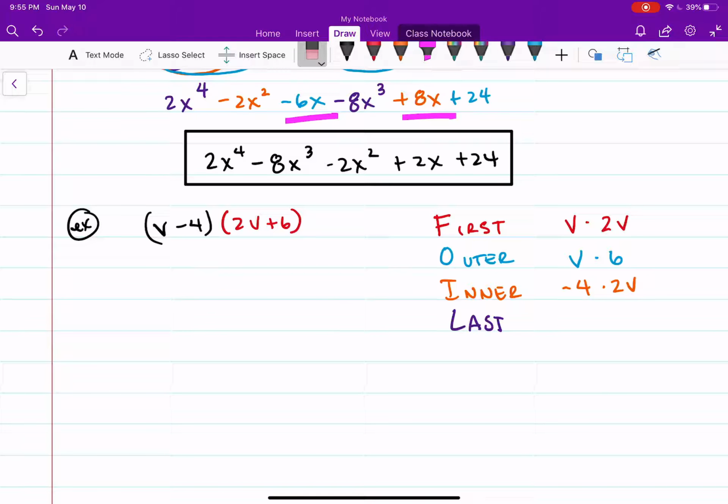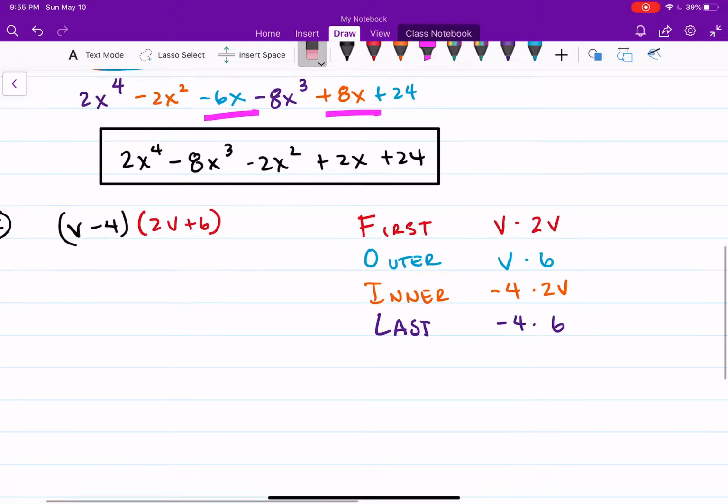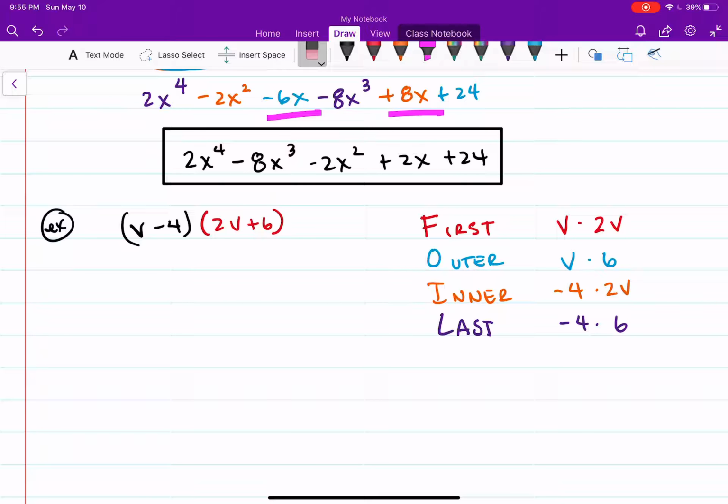And then we have last, which is the last term in each group. So that'd be negative 4 times the 6. All right, so that is what the values I would have if I was doing FOIL. But I'm going to show you what double distributing would look like, right?